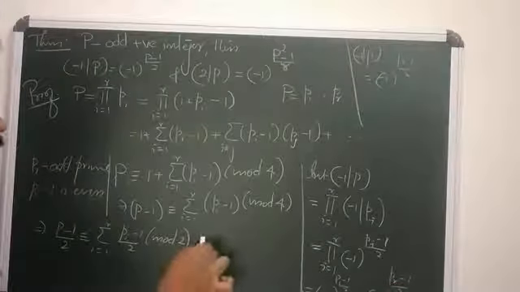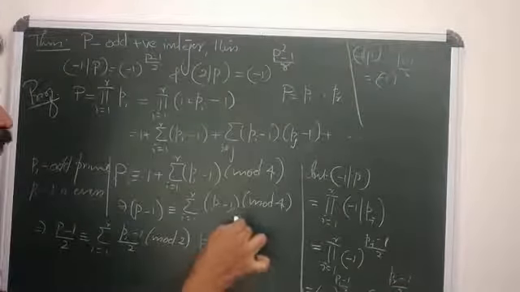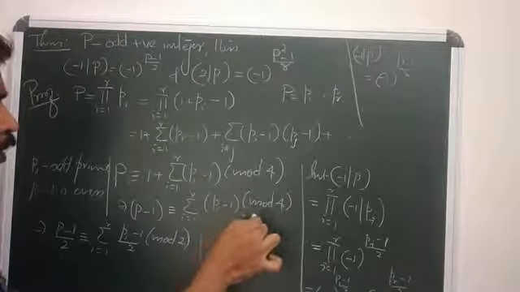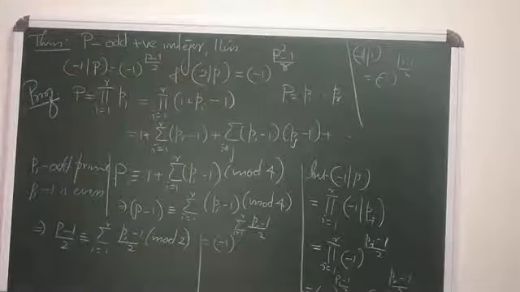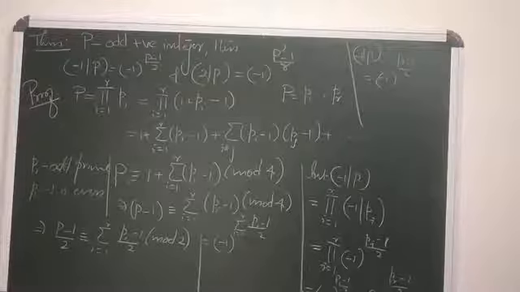That is nothing but minus 1 to the power sigma i ranges from 1 to r of (p_i minus 1)/2.